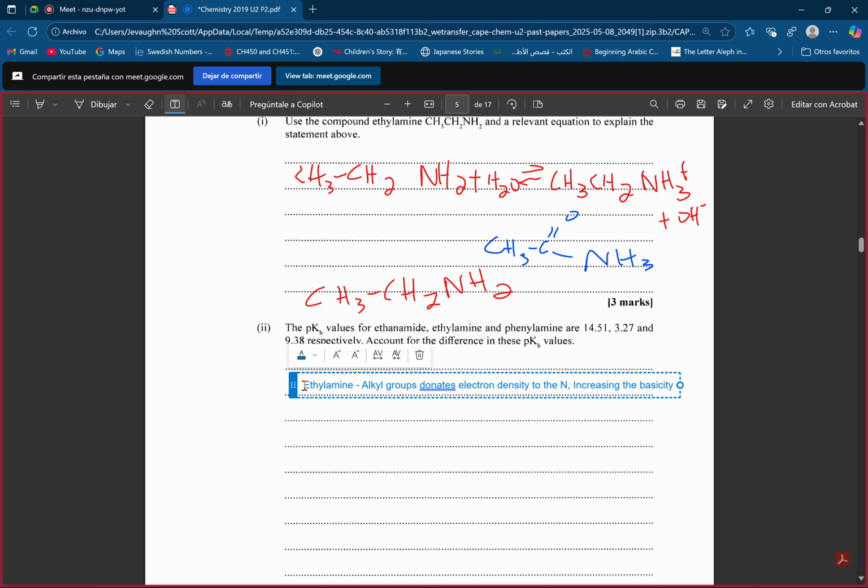Somebody's trying to join the meeting, so it increases the basicity there, right? With the phenylamine, what happens with the phenylamine here?